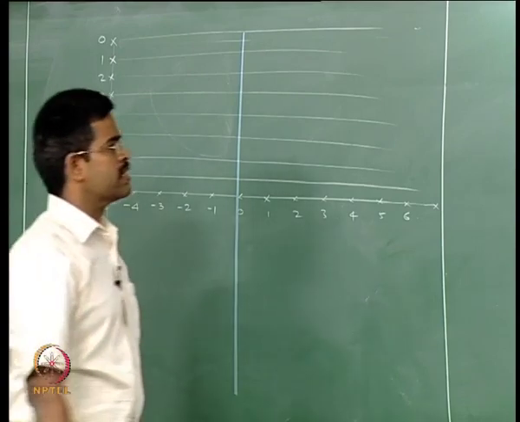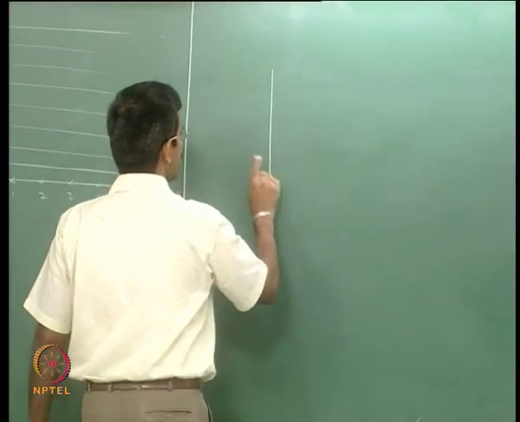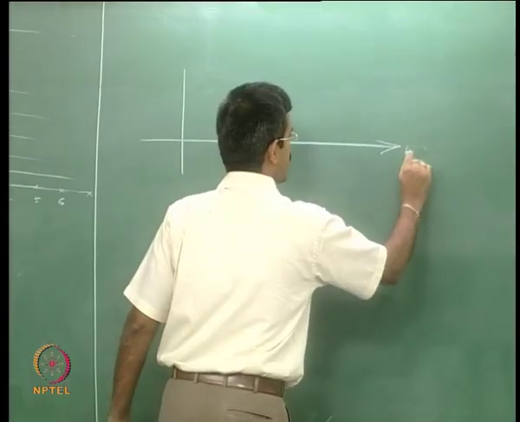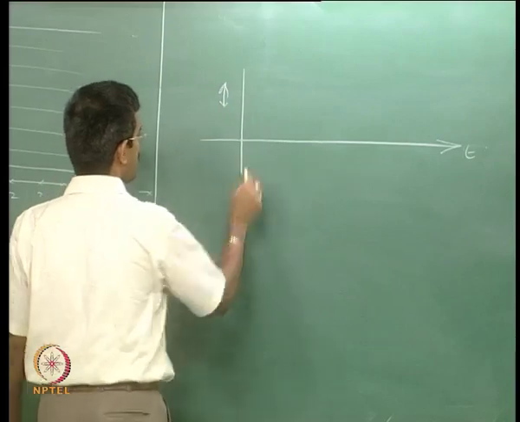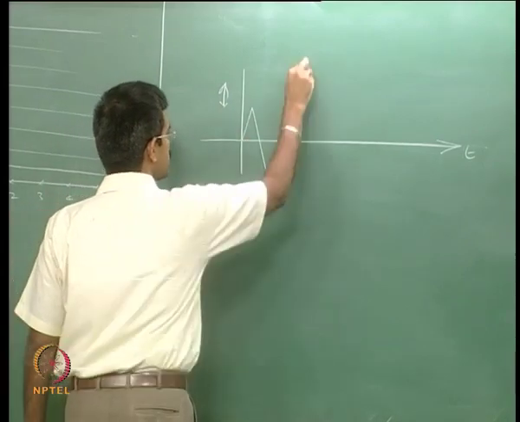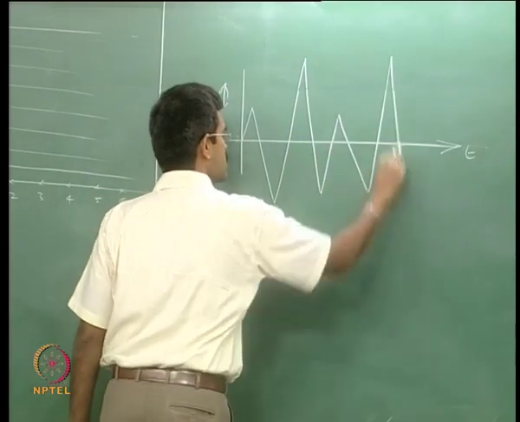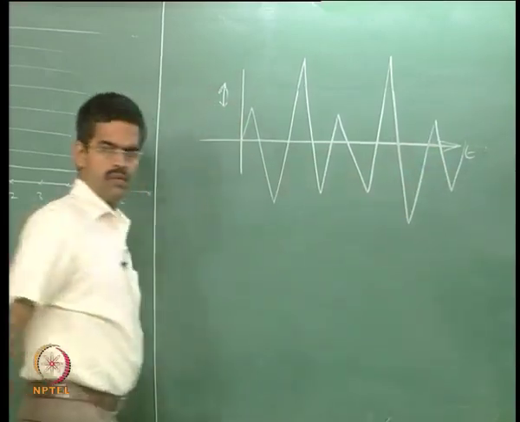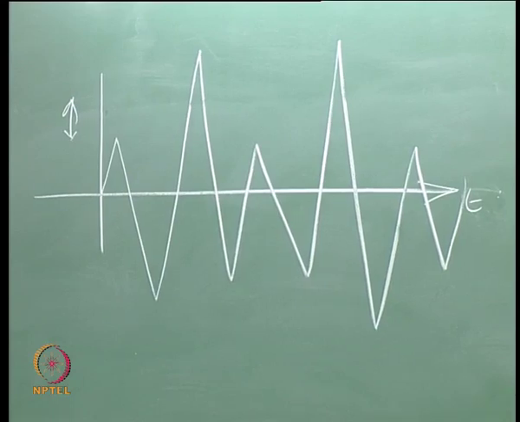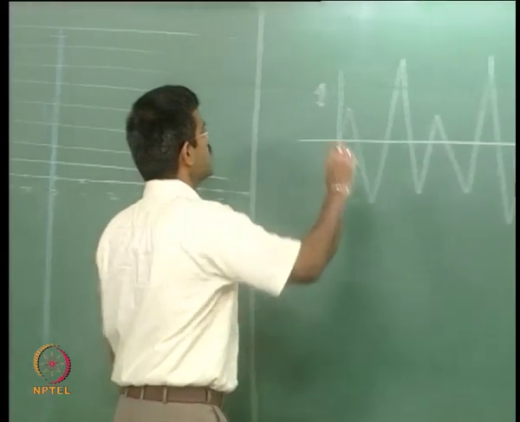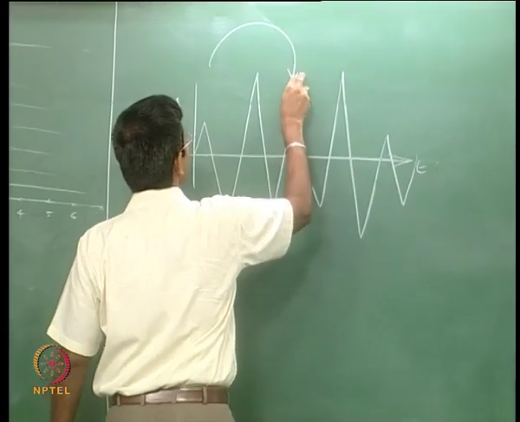I generally get a stress cycle like this. Let us say this is my time and this is my stress cycle. I may get a plot like this, with peaks and valleys. What I am trying to do here is rotate this figure clockwise by 90 degrees.